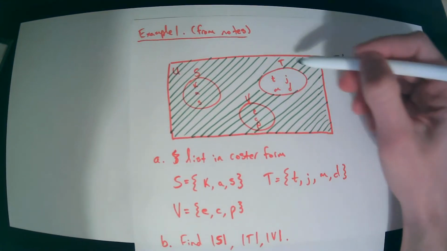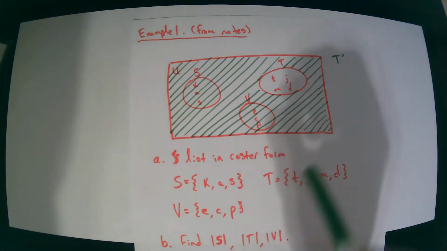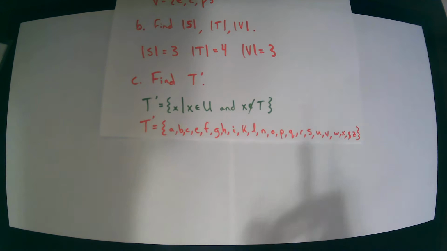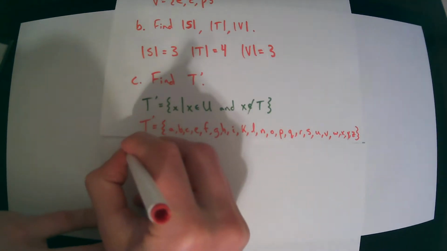So this is being excluded here. That's T complement. So it does include S and V. Okay, last part of this question or example is S equal to V.